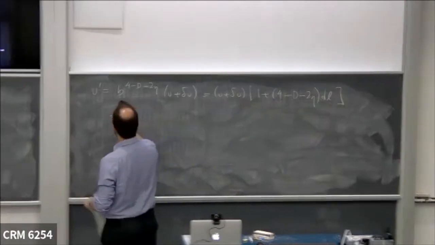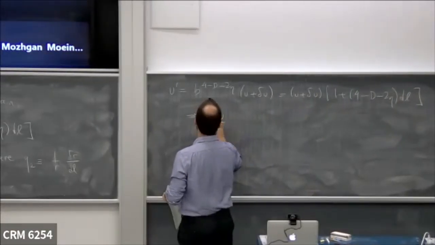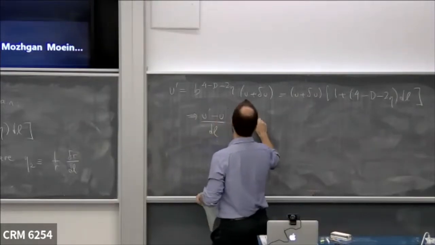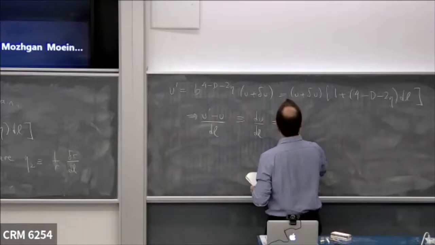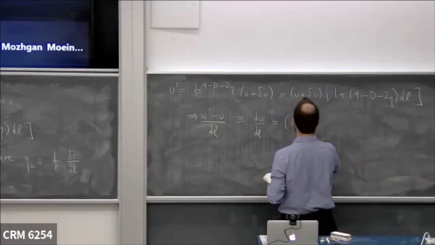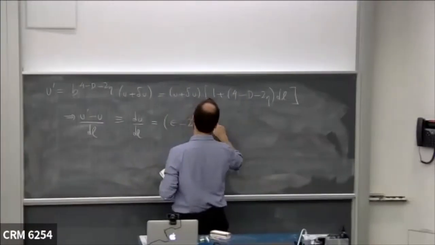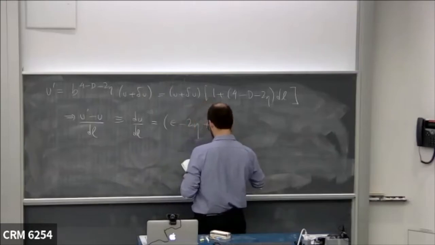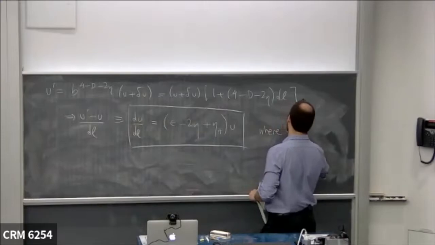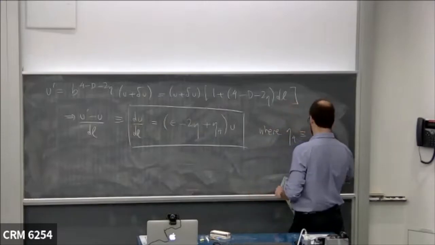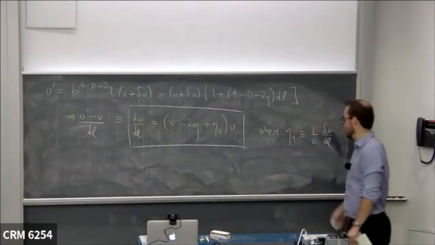And so u prime minus u over dl, which is what I'll call du dl, is epsilon minus 2 eta plus what I'll call eta 4 u, where again eta 4 comes from the rate of change of the u coupling obtained from integrating out the fast fields.